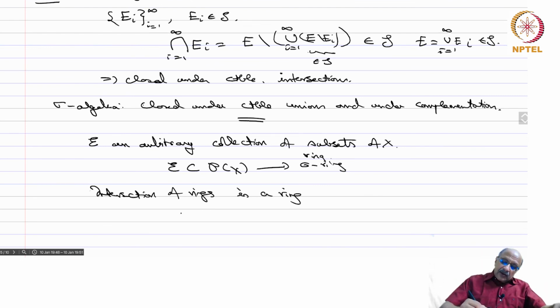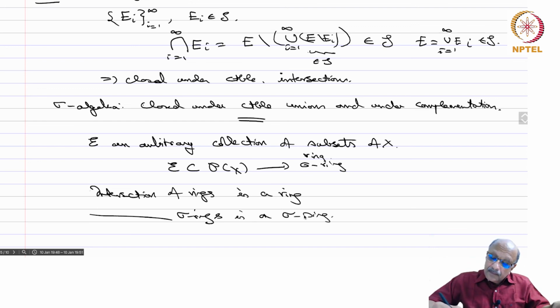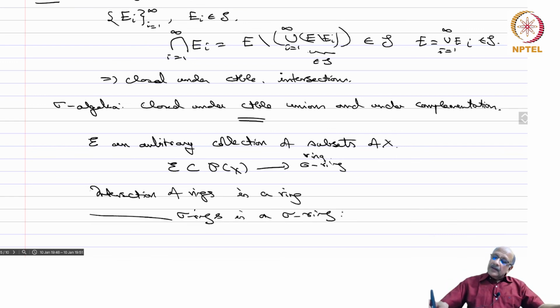Similarly, the intersection of sigma rings is a sigma ring. For the same reason, if you take a countable set in the common collection, then the countable union is going to be in all of them, and therefore in the common one, and then differences are also there.